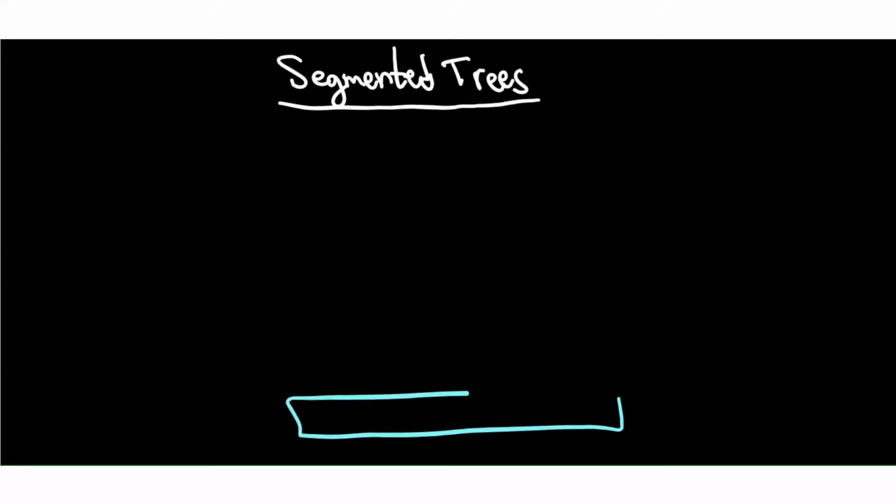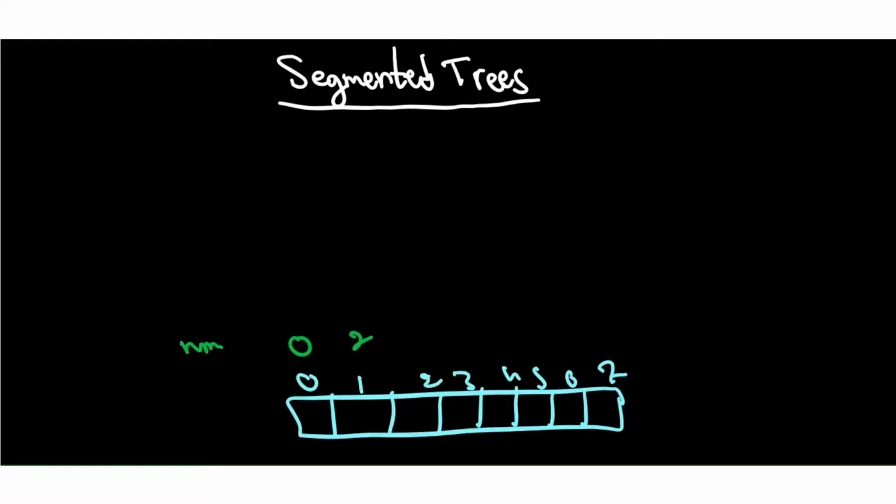Let's say that we have this array, with index 0, index 1, index 2, index 3, index 4, index 5, index 6, and index 7. 8 cells, a power of 2, and on each day we had some kind of rain. On day 1 we had 0 millimeters of rain, on day 2 we had 2, and then 6 millimeters, 8 millimeters. On each day we had different millimeters of rain.